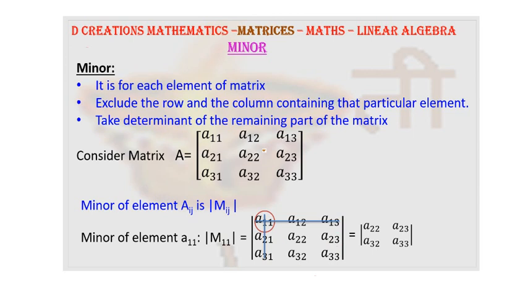And of course, if you are finding out the minor for a certain element, you don't need to take that into the calculation as well. So if there are 9 elements, we are directly excluding 5 of them and we are getting the remaining 4, and you have to take determinant of those 4 elements. So this is the concept of minor.